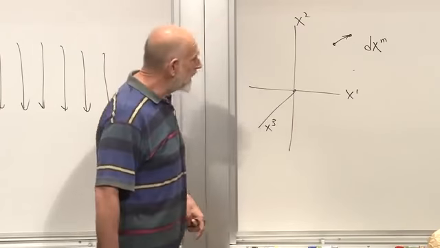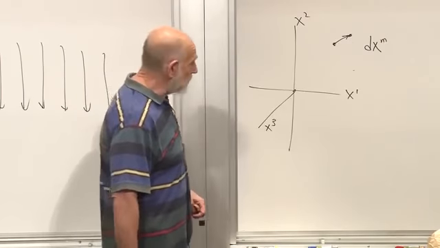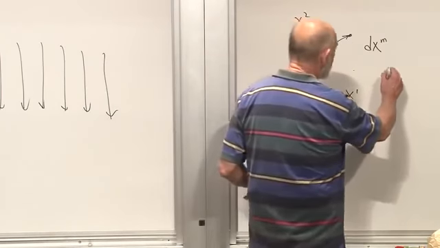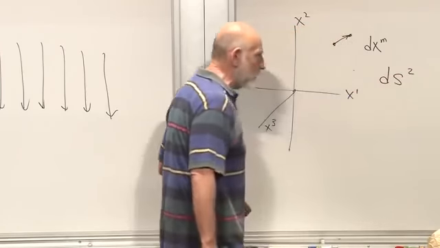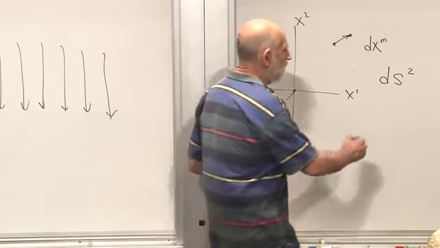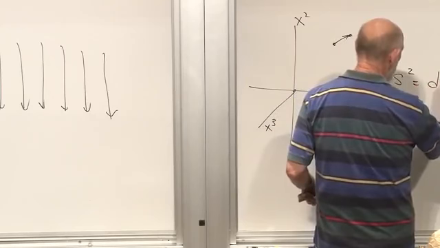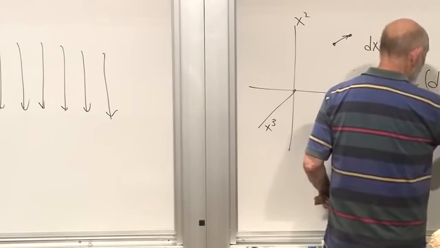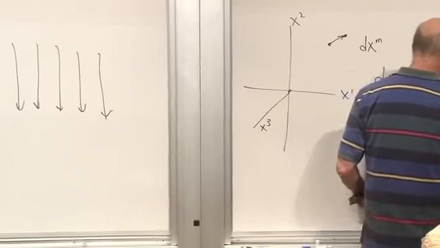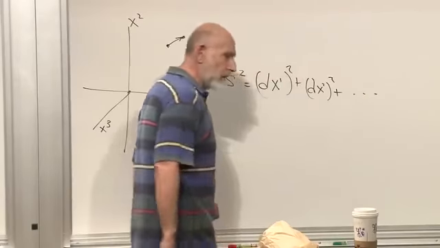Pythagoras' theorem. In any number of dimensions, it's the same. The square of the distance, and let's call it s now, the square of the spatial distance between those 2 points is just equal to dx1 squared plus dx2 squared plus ... however many there are.